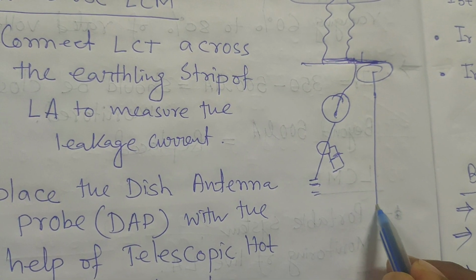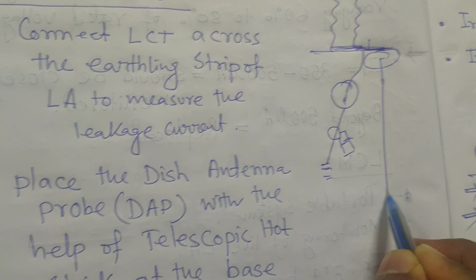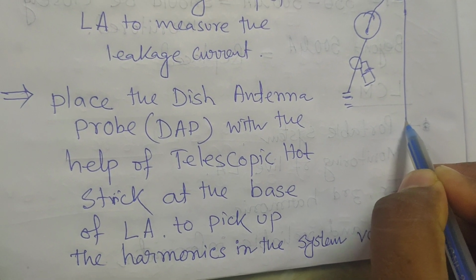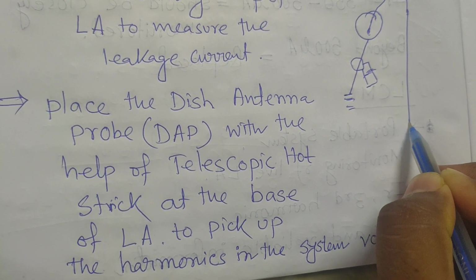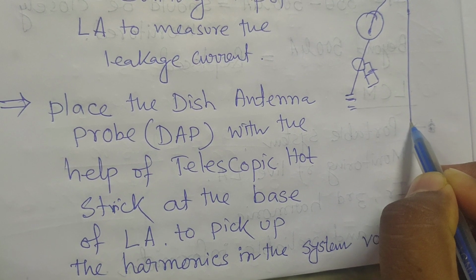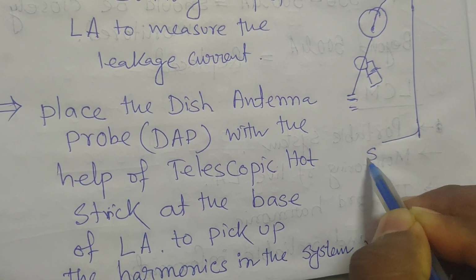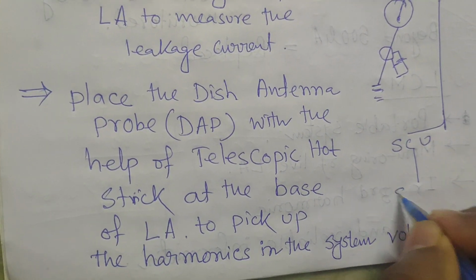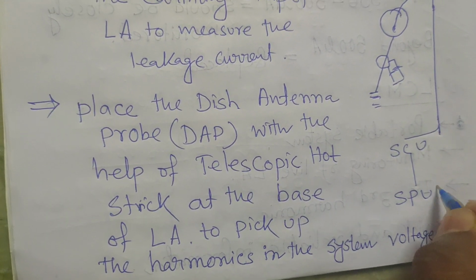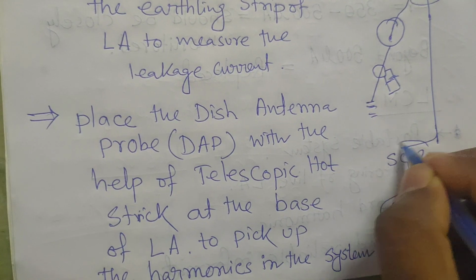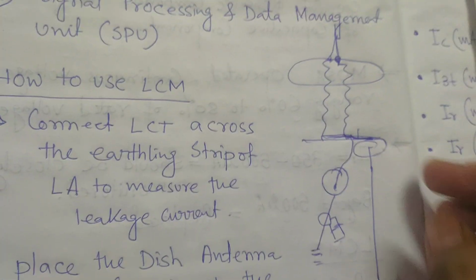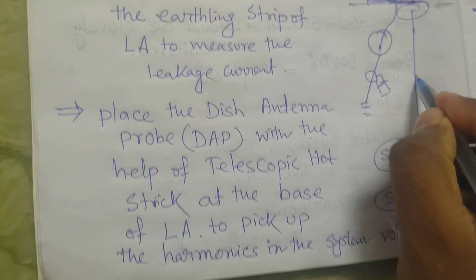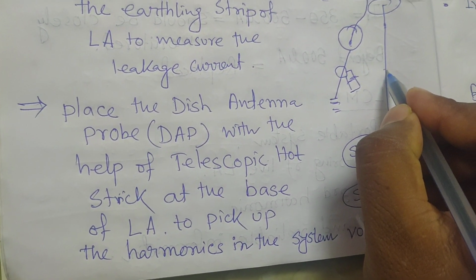This probe will be connected to a different machine, that is the signal conditioning and measuring unit, the SCU, and this SCU will be connected with the SPU and you will get the data of the leakage current. This is the telescopic type rod, the telescopic type stick.